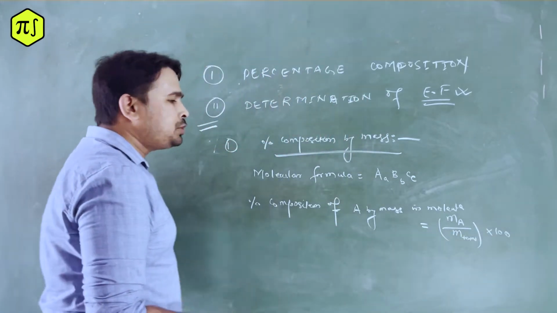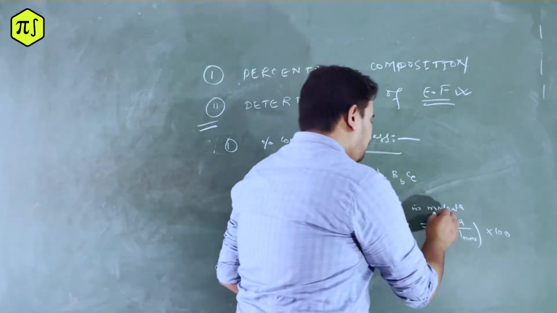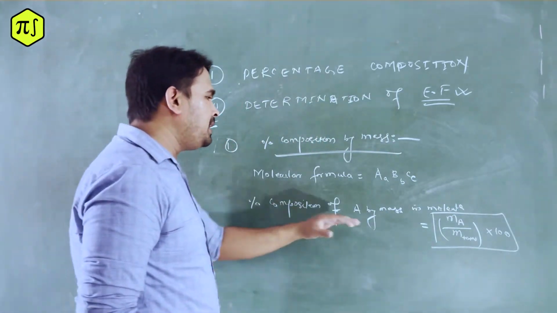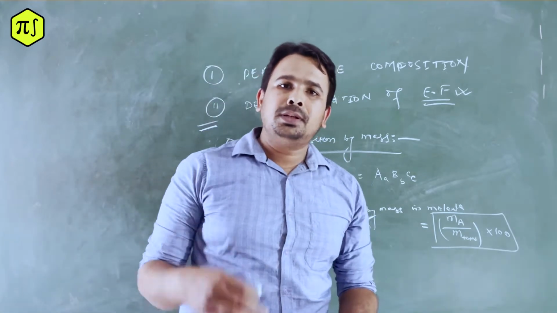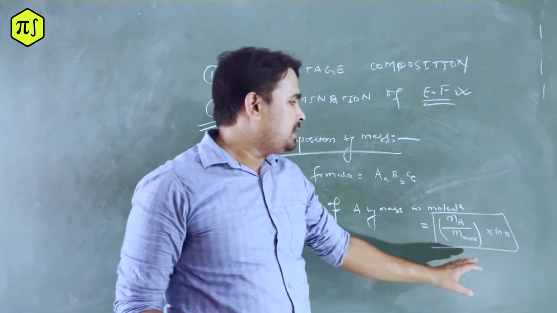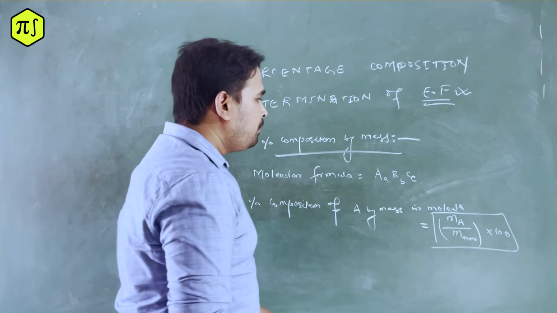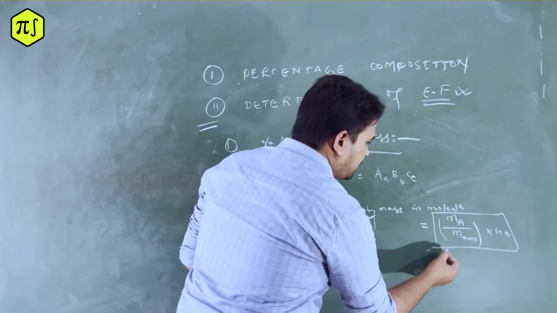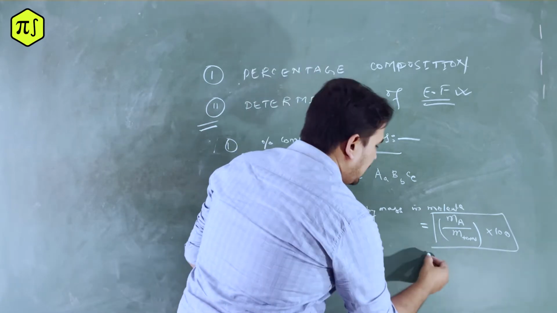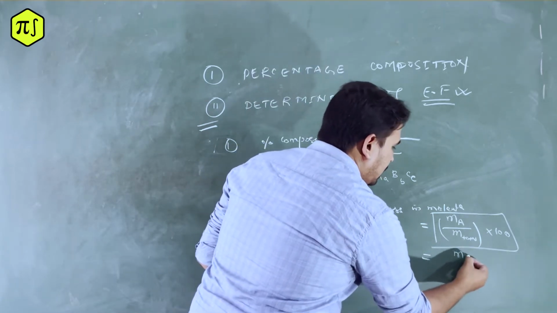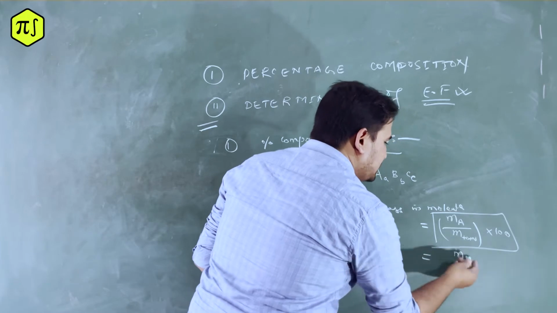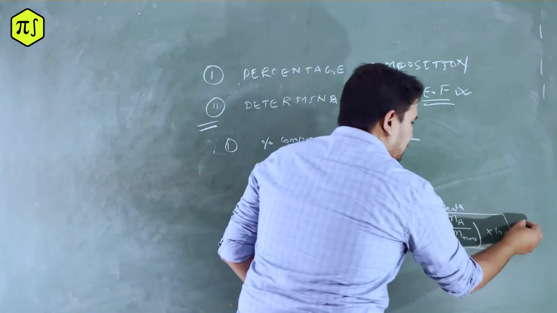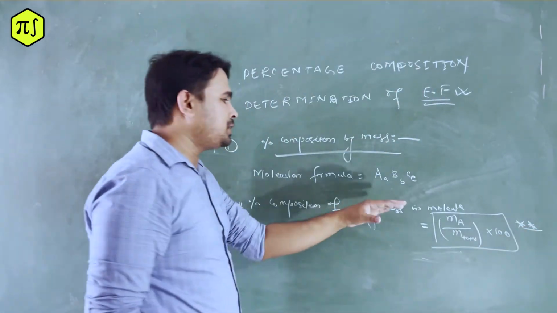So this is the percentage composition of element A by mass in a molecule or in a substance: M_A by M total. Now remember here, if you take one molecule it is the same, and if you take a total sample, that will also be the same, guys. So you can do that as homework. I'll tell you it is the same actually.